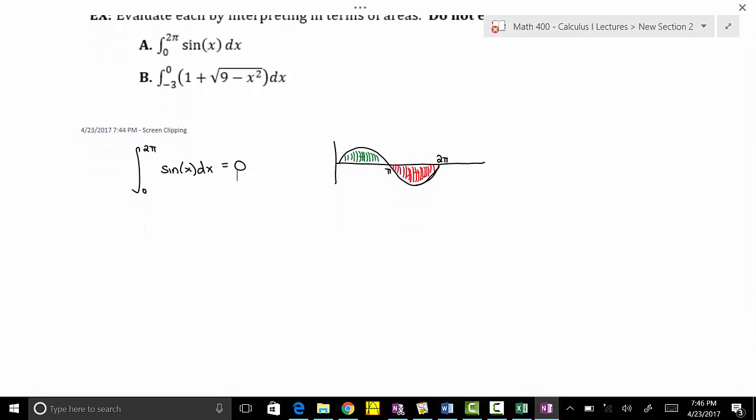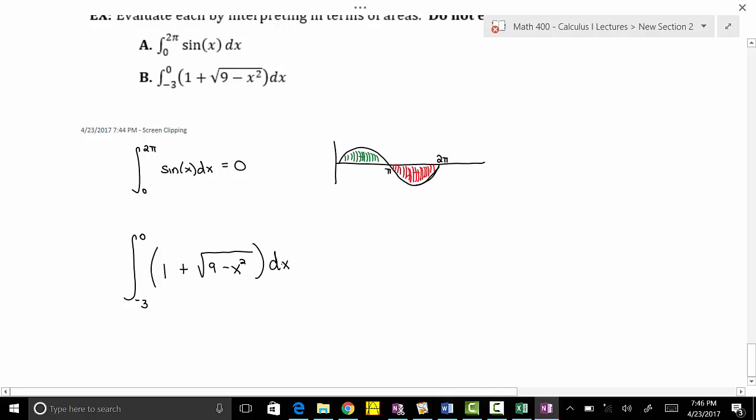Another way, and we did something like this in class, but I'll just write it here again: the integral from -3 to 0 of 1 plus the square root of 9 minus x squared dx. Believe it or not, in Calc 2, a lot of students struggle with this type of problem.